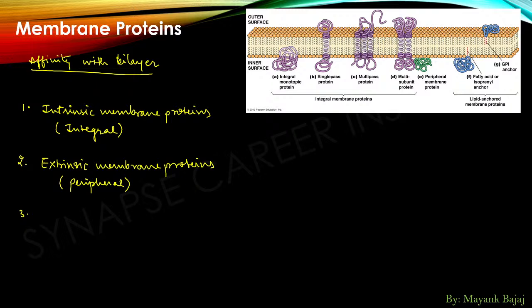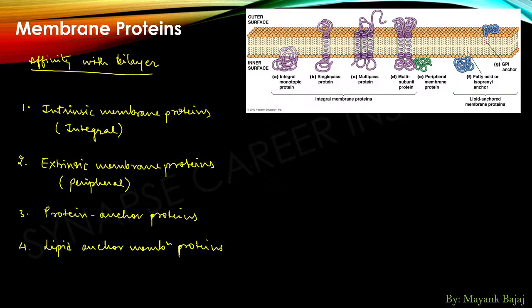The third is protein anchor proteins. And the fourth is lipid anchor membrane proteins. So we have four different kinds of membrane proteins in the plasma membrane: intrinsic, extrinsic, protein anchor proteins, and lipid anchor membrane proteins, or LAMPs as we call them.